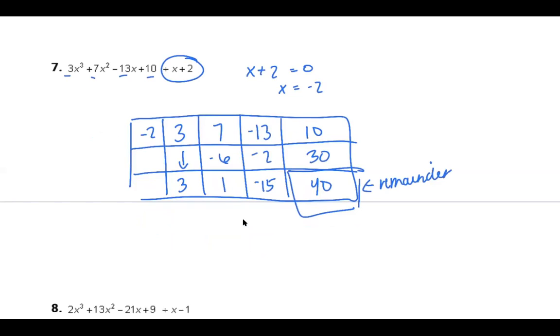All right, so my final answer for this one, this was my x cubed term. So this ends up being my x squared term. So I have 3x squared plus 1x minus 15 plus my remainder, which is 40 over x plus 2.